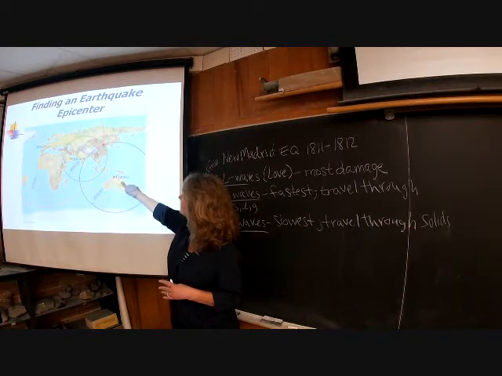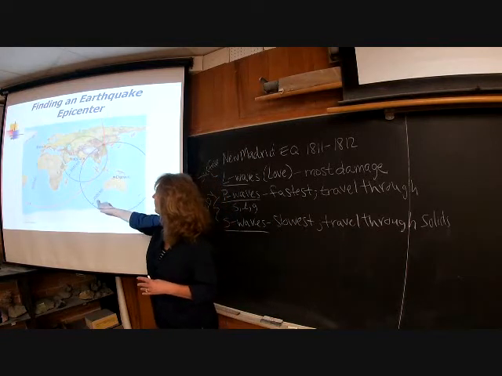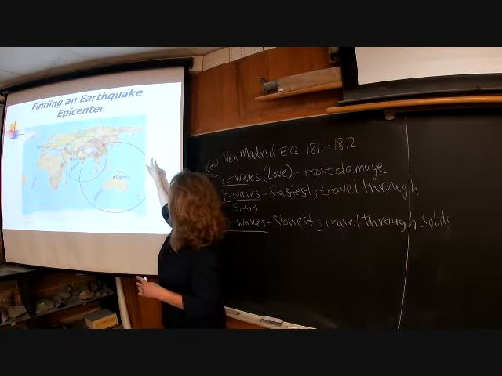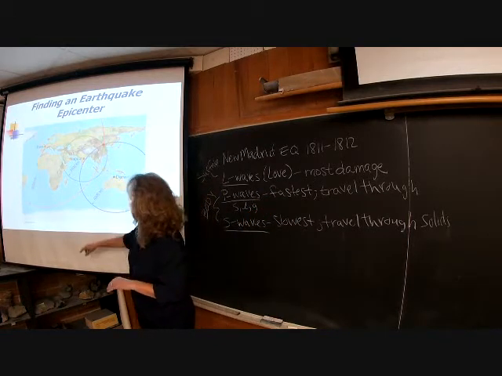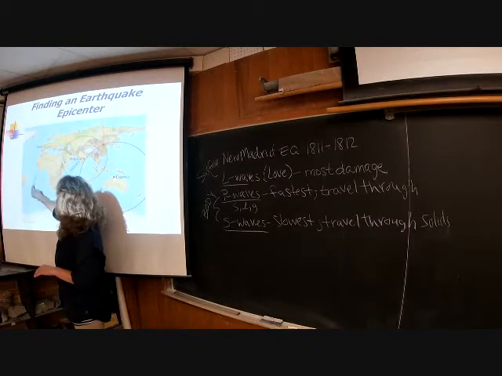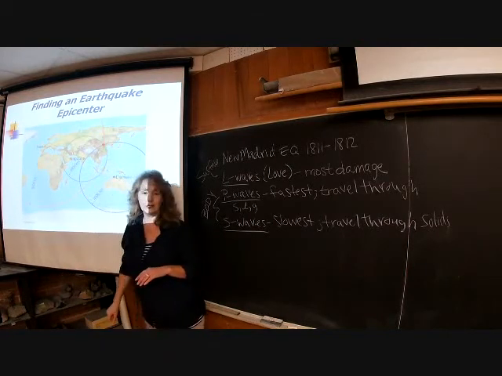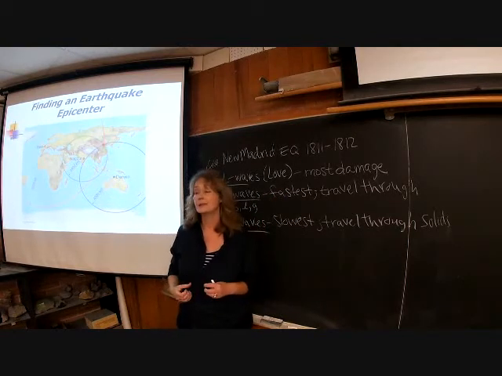And then they had a station over here in Darwin, Australia, that was 4,900 kilometers is what their data gave them. And then off over here in Paris, France, that distance was 8,200 kilometers. That's from the data that they received at their seismographic stations.